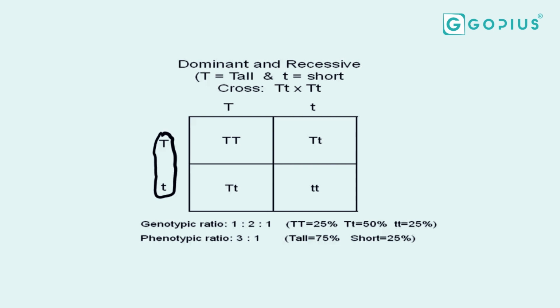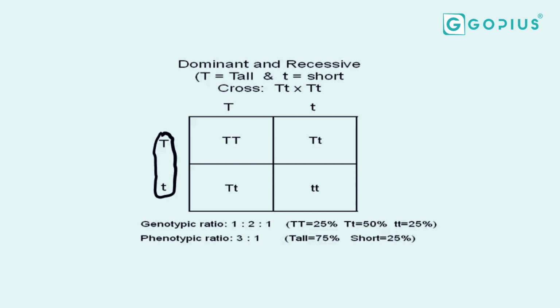This is a heterozygous tall plant. The reason why it's called heterozygous tall plant is because the genes are different: dominant and recessive gene for tallness. The capital T is for tallness, the short t is recessive for shortness. Then we also have another one here.